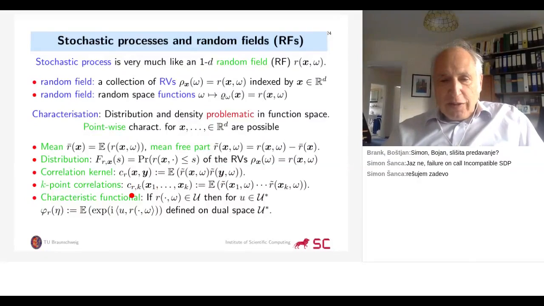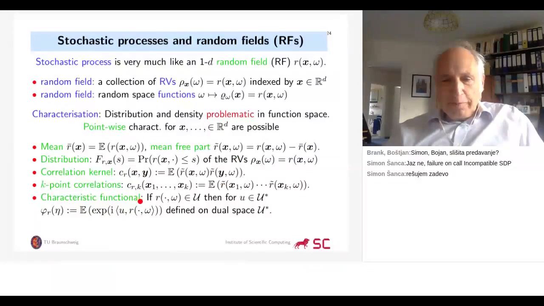We take points x1 to xk, multiply the values of this guy at points x1 to xk, and take the expected value. That gives us what's called the k-point correlation function. But this one is one of the most important. Of course, the mean, that's the first one, and the second moment, these are the most important ones.